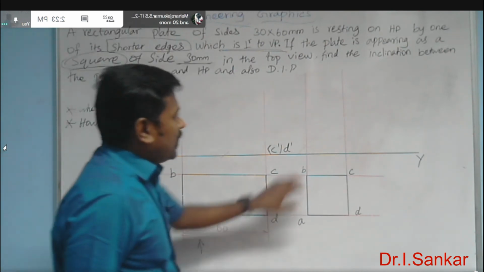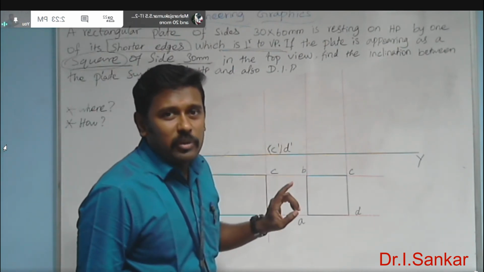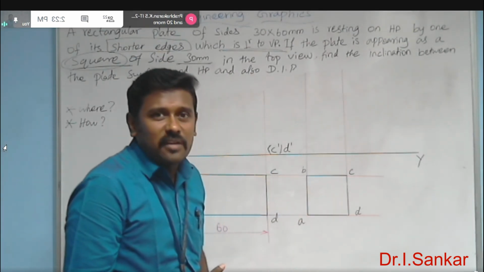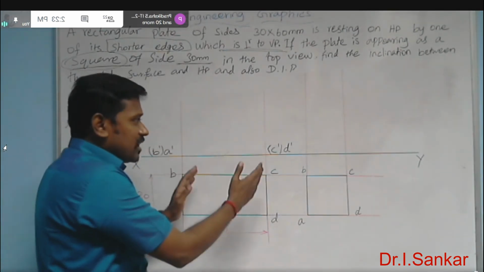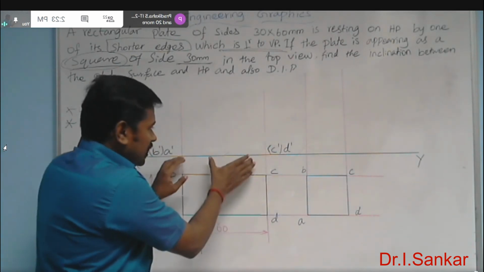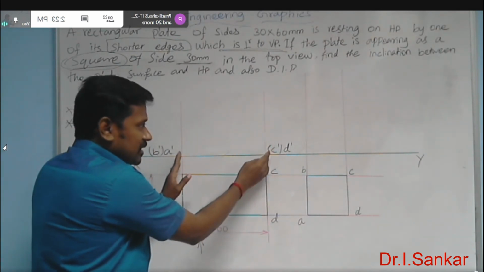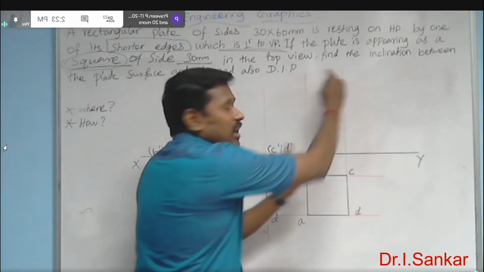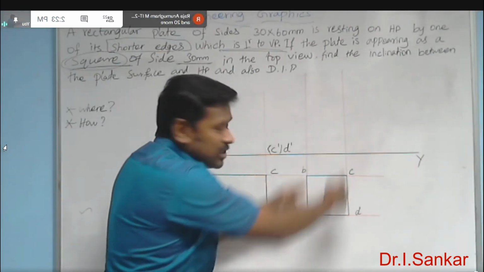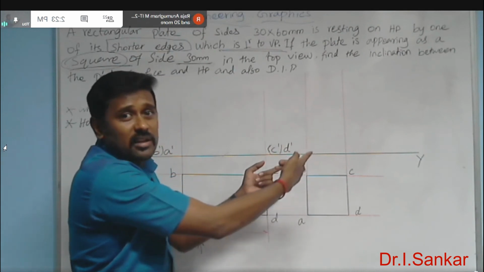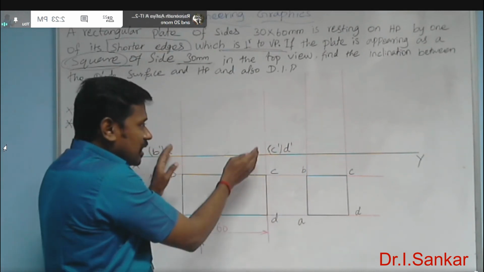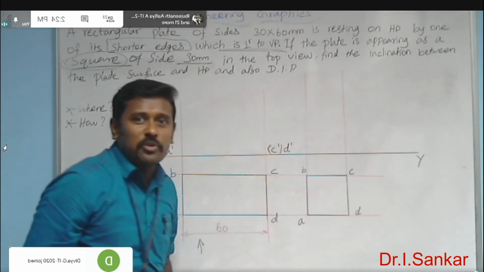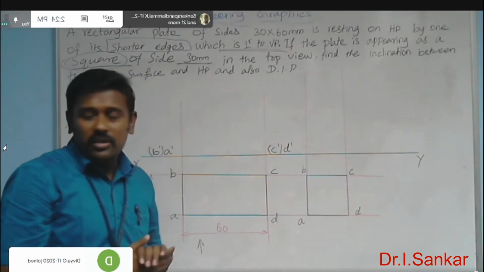Now, here only the final front view will be obtained, and these two projectors are the end projectors of the final front view. In general, what we do is take the simple front view and draw it in the inclined manner, then provide it with the end projectors. Now the end projectors are already available, so you just take this simple front view and seat it as per the end projectors' placement.